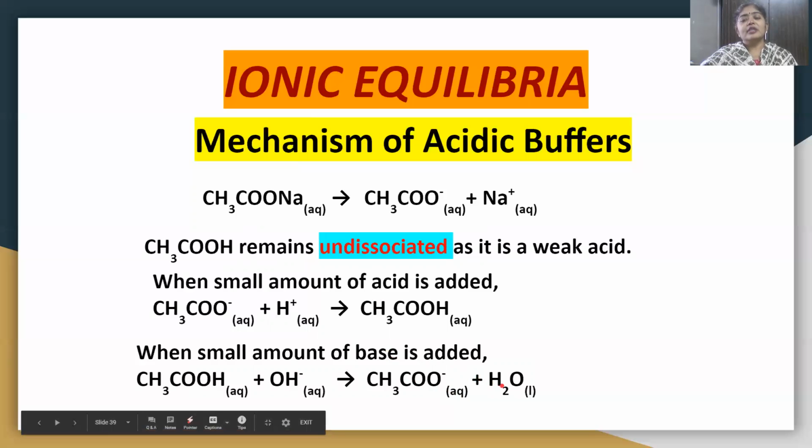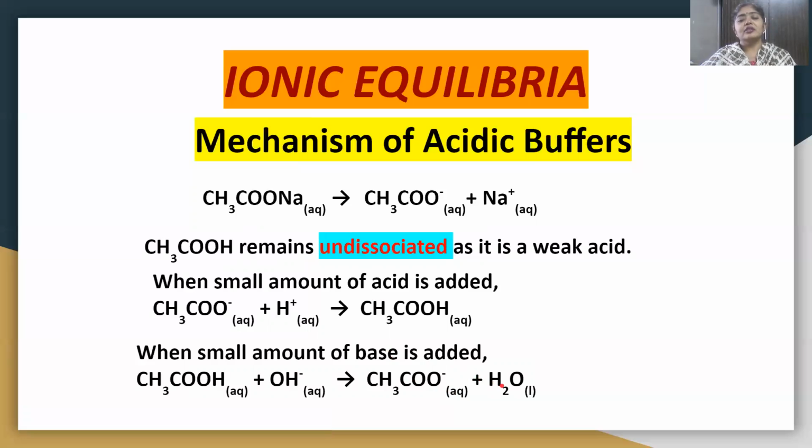So will the basicity change? No. There is no change in the amount of OH minus ions, and hence the pH will remain the same. So, understood? Addition of acid, addition of base, no change in pH. When I'm adding the acid, the H plus ions are consumed by the acetate ions. They form acetic acid, which is a weak acid and remains undissociated. So addition of acid does not cause a change in pH.